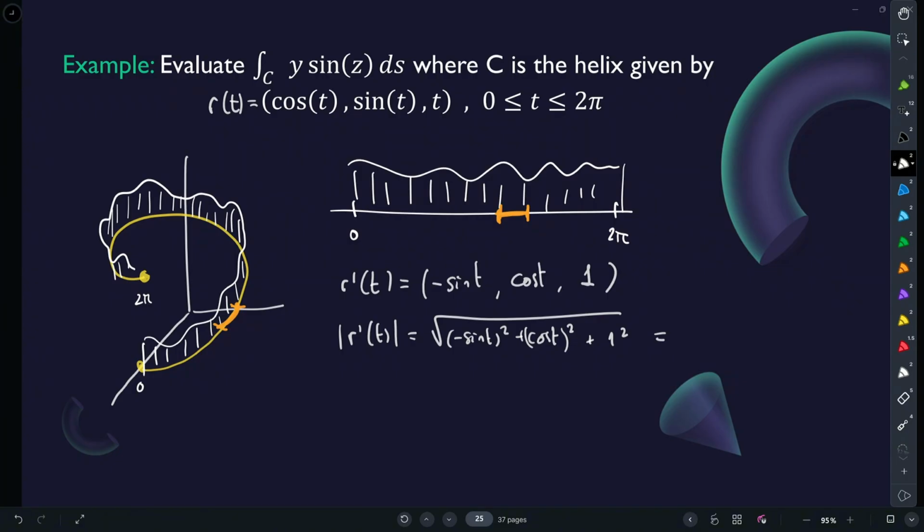Sine squared plus cosine squared is 1, so now the length is the square root of 2. So that means that ds, the arc length parameter, is that length times dt, so it's the square root of 2 dt. So the transformation actually changes by a factor of the square root of 2 in this case.